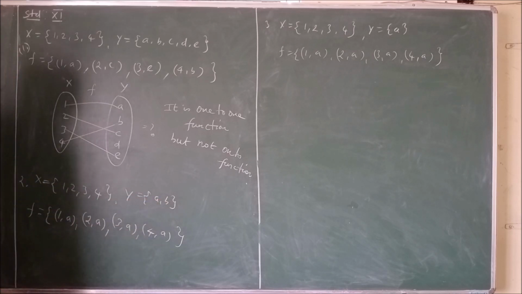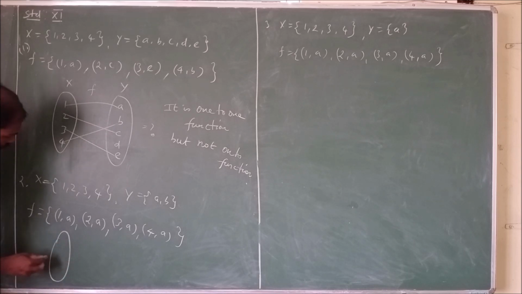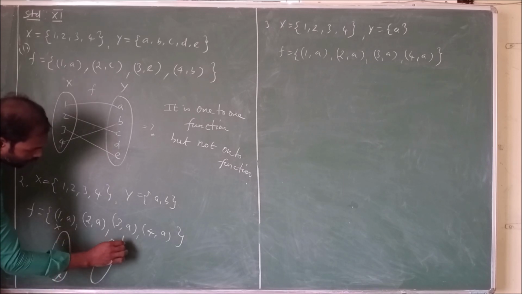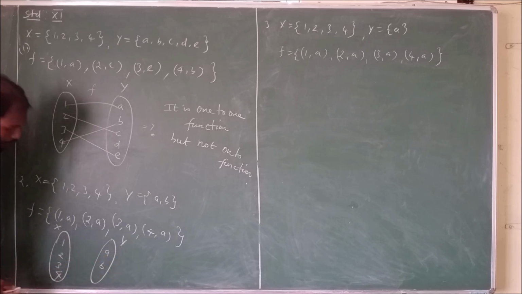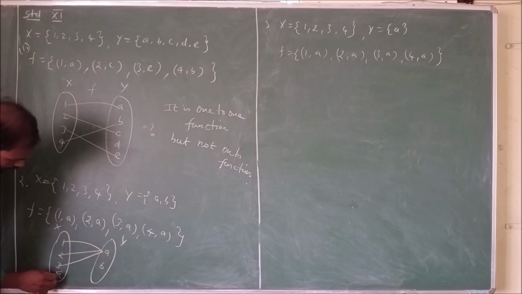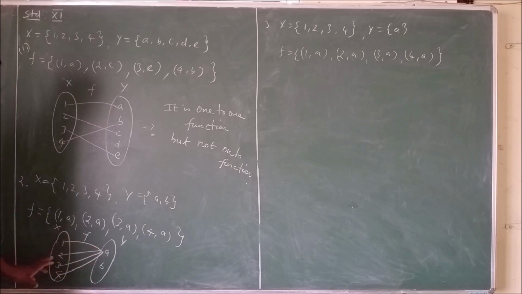Y is the codomain A, B. F is the function defined as 1 to A, 2 to A, 3 to A, 4 to A.